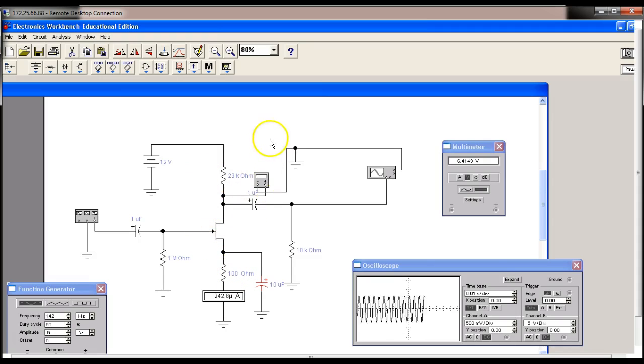There's a lot to the design of an FET, just like there's a lot to the design of a bipolar transistor. But basically we choose the drain resistor and the source resistor. When this thing comes on, we have a current flow through this 100 ohm source resistor, so this is the guy that is actually giving us the bias.